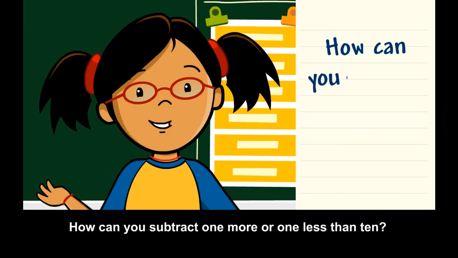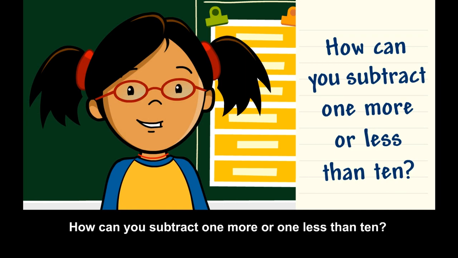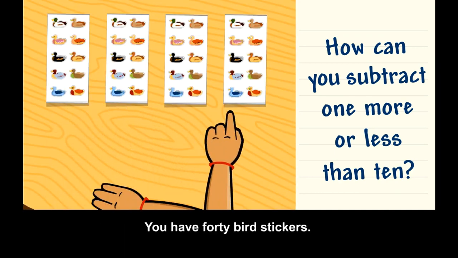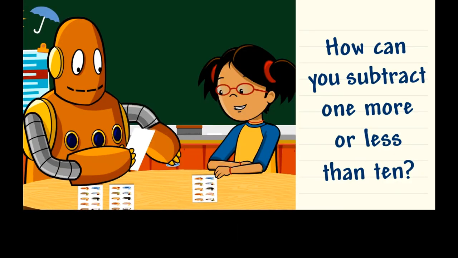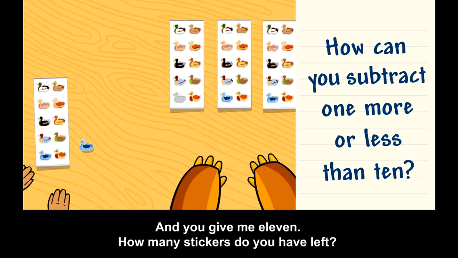How can you subtract 1 more or 1 less than 10? You have 40 bird stickers. Thanks, Moby. And you give me 11. How many stickers do you have left?